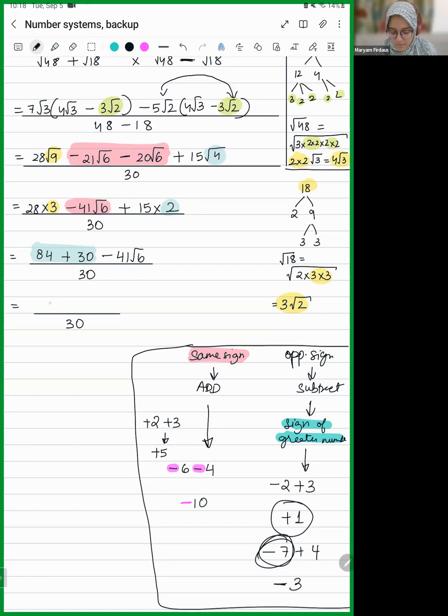No, 84 plus 30, not 36, 30. 114. Minus 41 root 6 by 30. This is going to be your final answer.